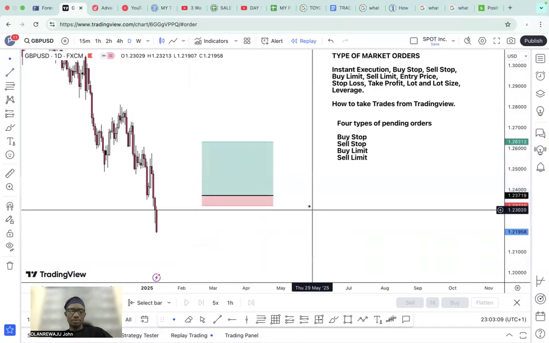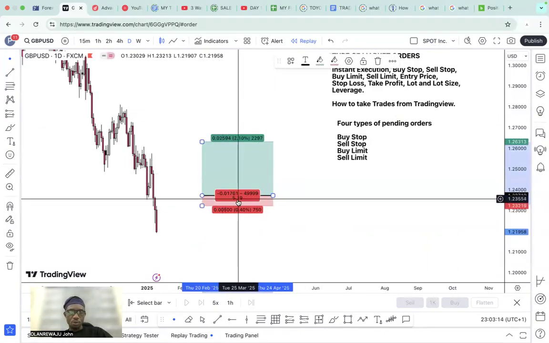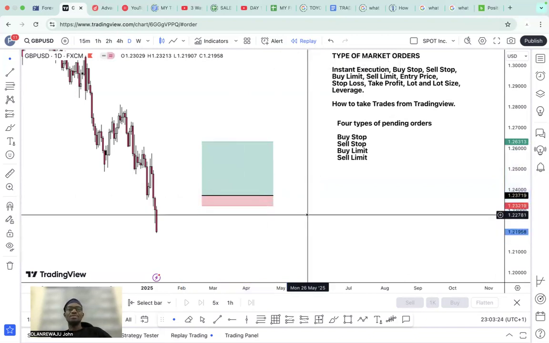So one more thing before we go: when you click on this tool now, you'll see a figure here like 5.19. That's what we call risk to reward in trading. What risk to reward simply means is that when I'm risking a certain amount, I'm looking to make a certain amount too. So let's say I'm taking a trade and my risk to reward is 1:2. That means I want to make two times what I'm risking.